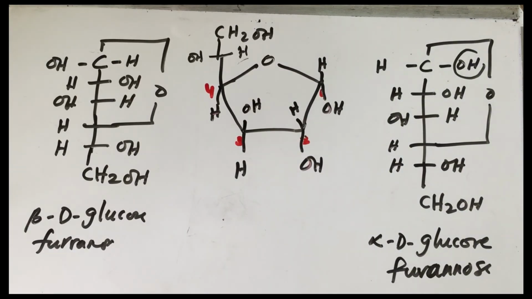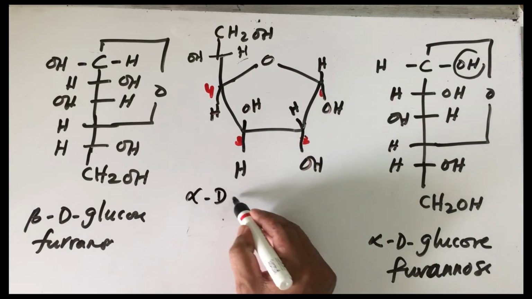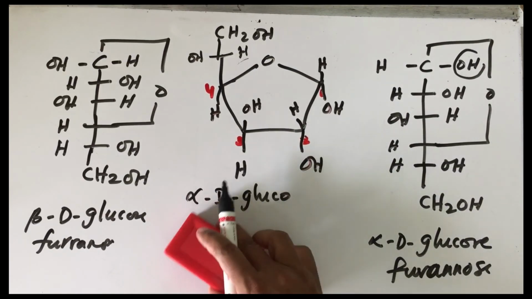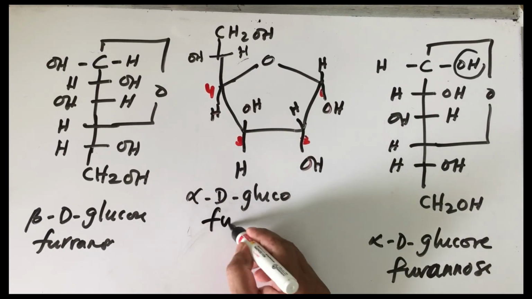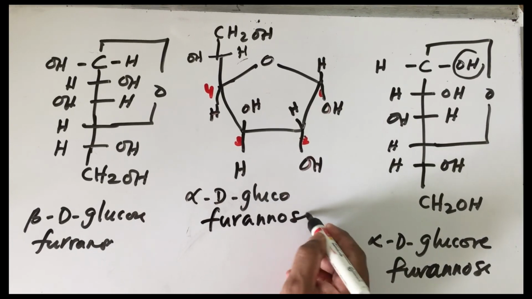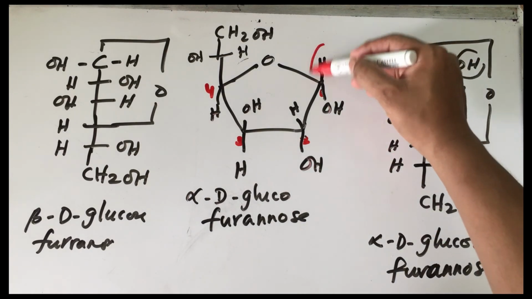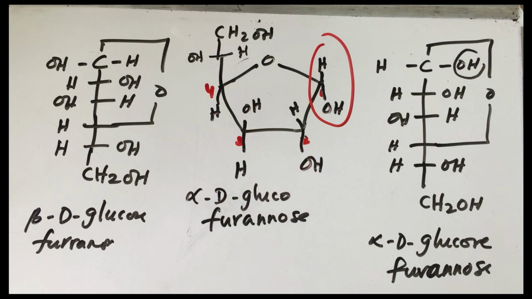So this is alpha D glucofuranose. This is how we draw the furanose ring structure. Just by altering the groups here, we will be able to make beta D glucofuranose also. That is for you to write and learn. So this is how we have learned how to make either the pyranose or the furanose ring structure for an aldose.